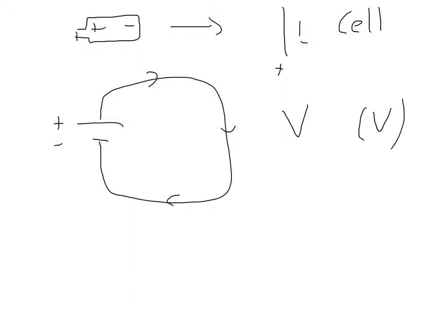And remember that 1 volt was just energy per unit charge. So 1 volt is 1 joule per coulomb. So the potential difference just told us how much energy per unit charge this battery gives the charges that we have inside. Okay? Now you can imagine a potential difference a little bit as if it was a difference in height, right?